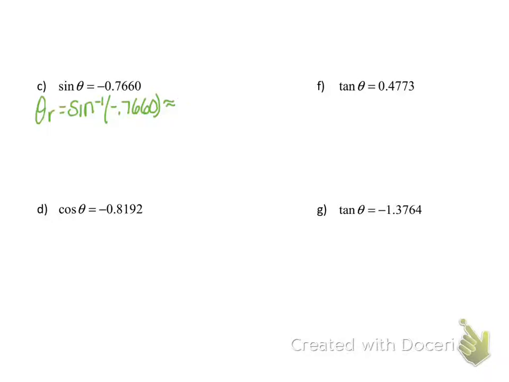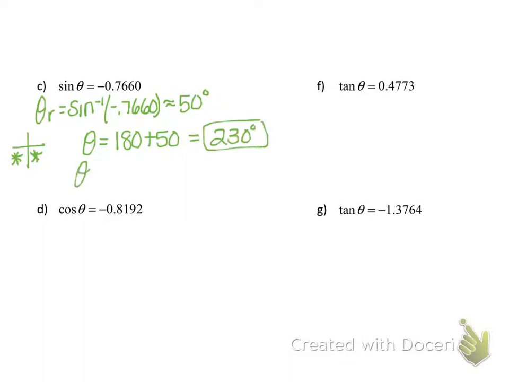Now, 50 is in quadrant 1, but sine negative is in quadrants 3 and 4, so that 50 doesn't help us other than being the reference angle. So theta in quadrant 3 would be 180 plus 50, so 230 is our first angle. And our second is 360 minus 50, which puts us in the fourth quadrant at 310.